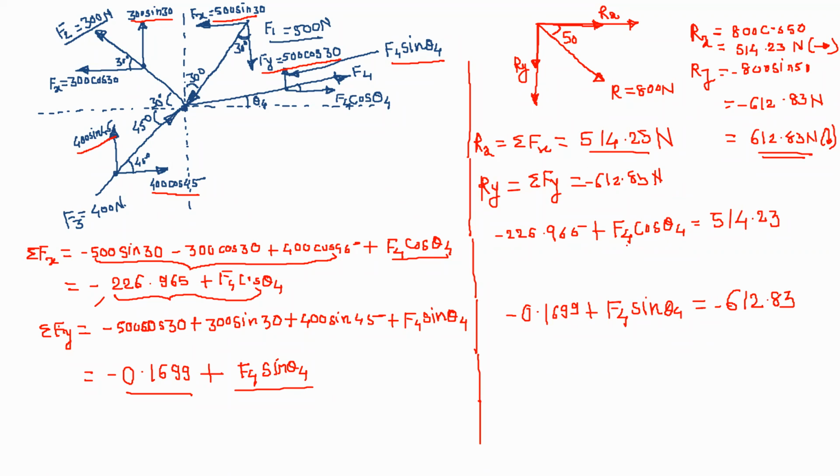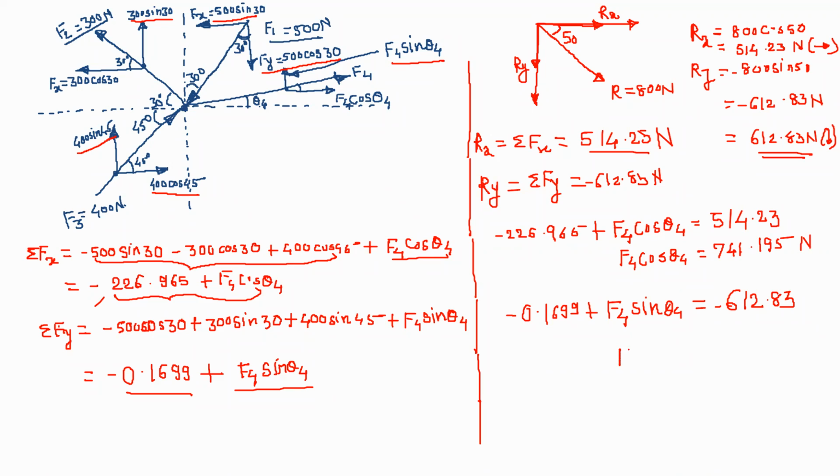So from this equation, you will get the value of F4 cos theta 4. Just shift this term on the right hand side. So this will be F4 cos theta 4, that is equal to, just add this 226 on the right hand side. So this is equal to 741.195 Newton.